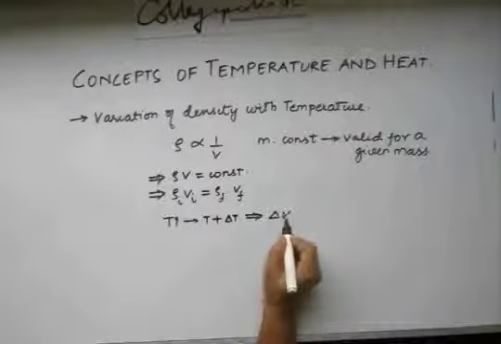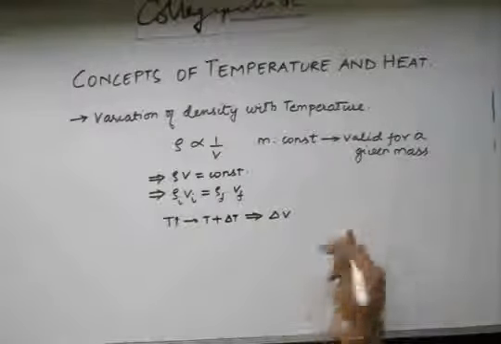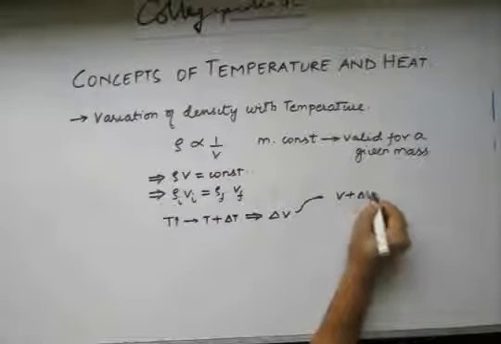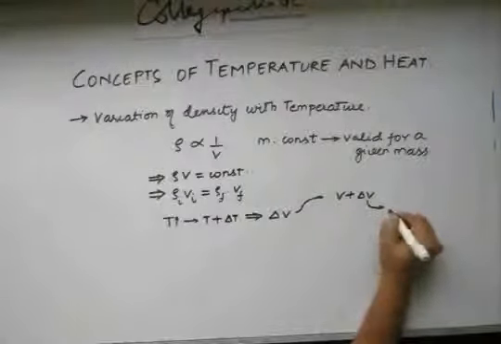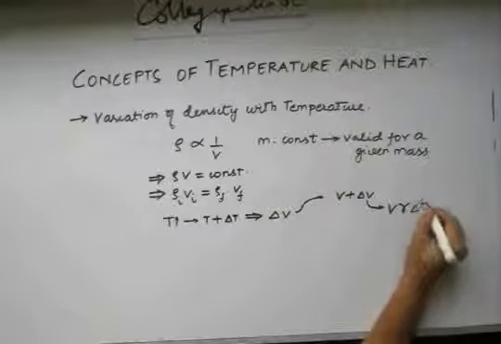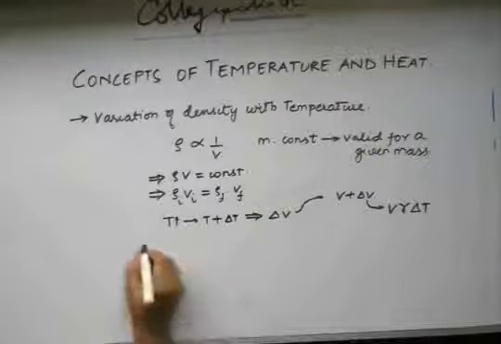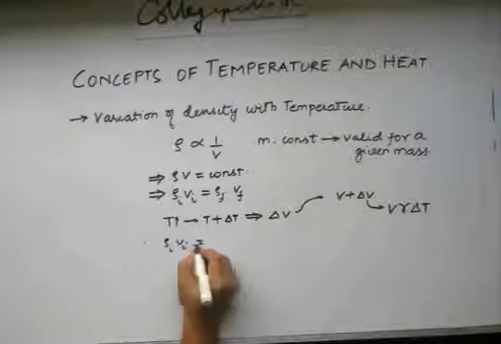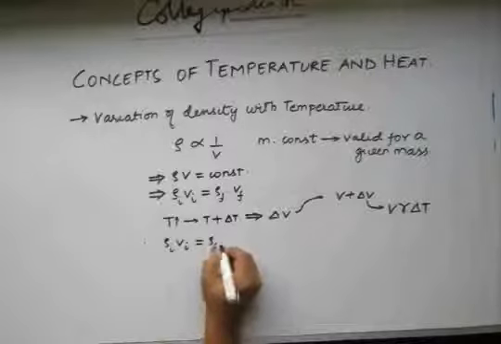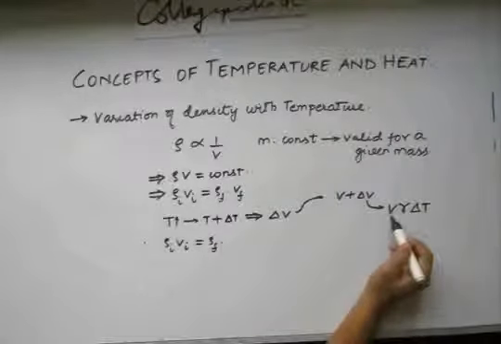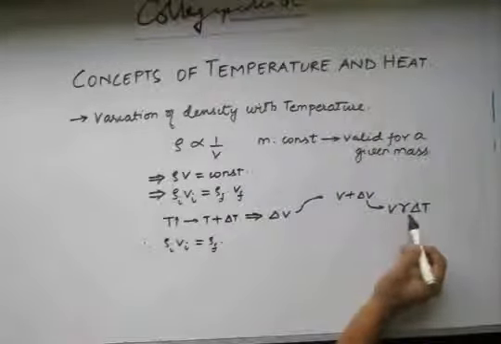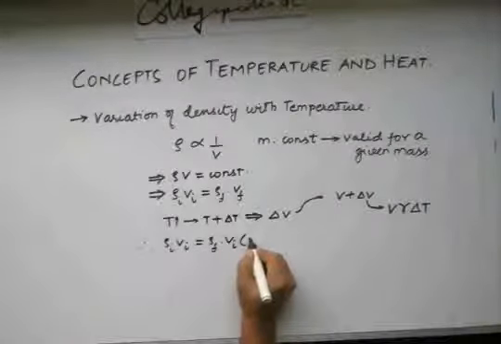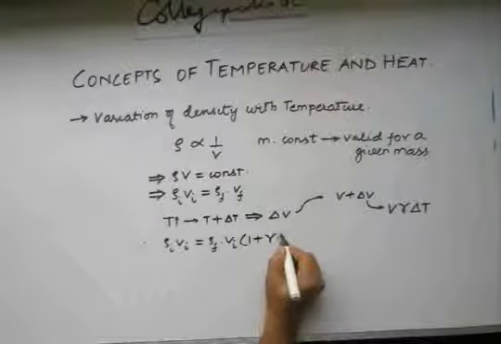So the new volume of the cube is going to be V plus delta V. Delta V, as we found out, was V gamma delta T. Therefore, rho initial V initial is going to be rho final into V final, which is nothing but V initial plus V initial into gamma into delta T. So this is going to be V initial times 1 plus gamma delta T.